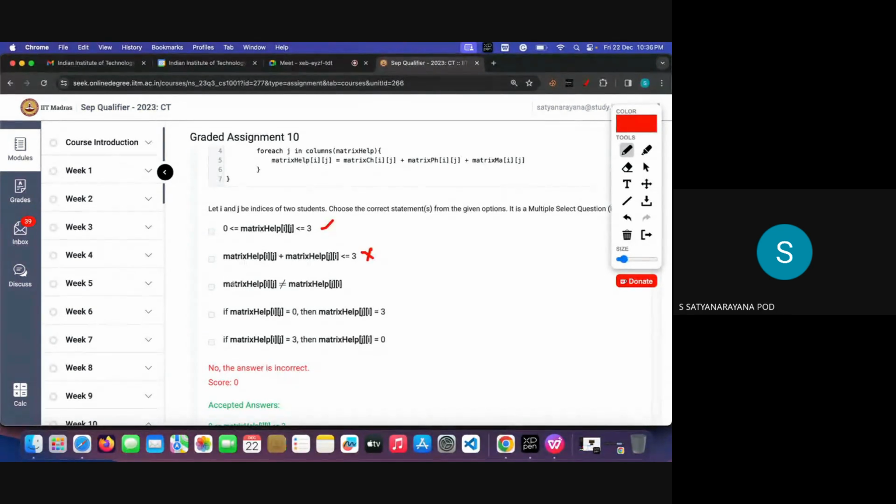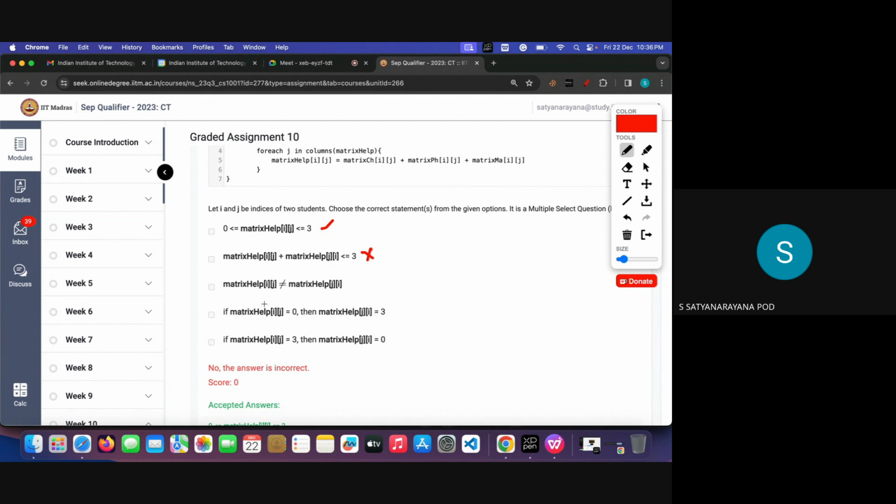Actually, they are asking about matrix help, which means the cumulative is added. It can be that I is helping J, and maybe J is helping I in another subject. No problem. So that's the reason I don't think option B is right. Let me consider B wrong. Now, is matrix of Ij not equal to matrix of Ji?